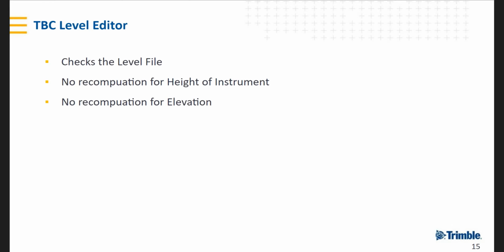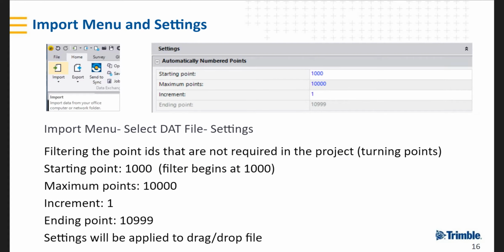All right, now moving forward to when we use the import command, for example with a DiNi file. If you hit import, open up, navigate to your file, then down at the bottom there's settings. I just want to explain what this function does.